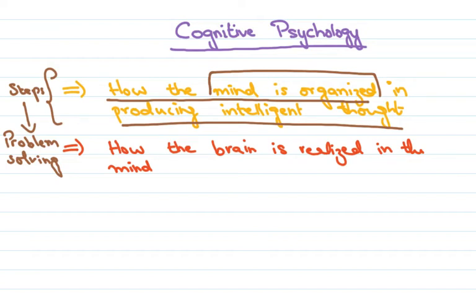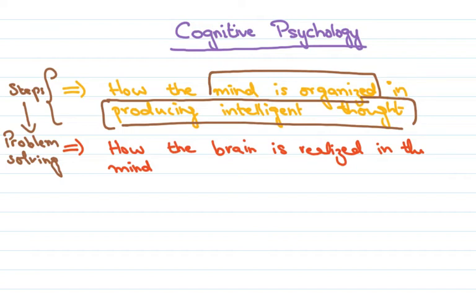You might also be interested in how these words are organized in memory. How is this material organized? So again, you're looking at the organization of a mental process in displaying some form of intelligent thought. So that's the first bit of the definition.